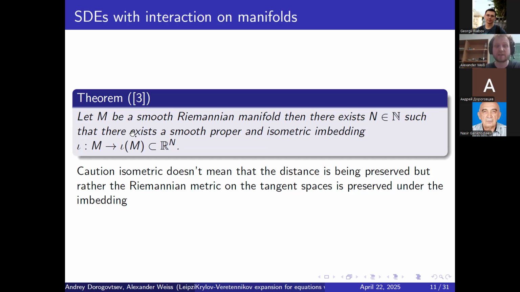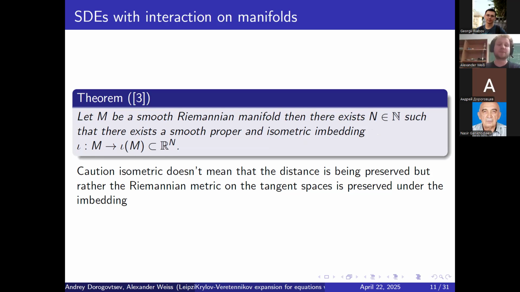Whenever we have a smooth Riemannian manifold M, there exists some natural number n such that there exists a smooth, proper and isometric embedding of our manifold M into the space R^n. So we could, in general, consider every manifold as a submanifold of some R^n.